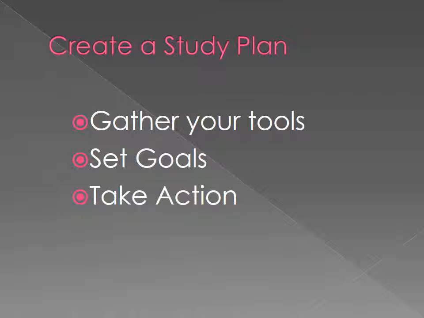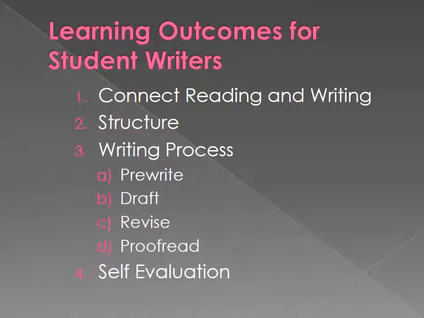And in action, you start out with the writing process. So the writing process starts with your pre-writing, which means you get your paper and your pen and you just start writing down things, ideas, brainstorm, start putting them in a structured format.